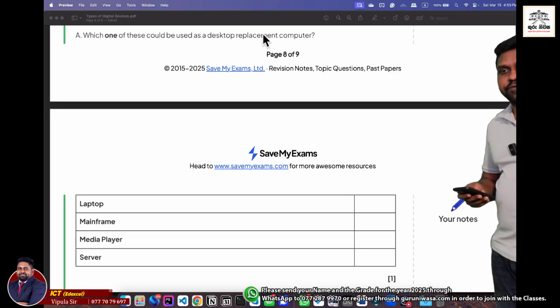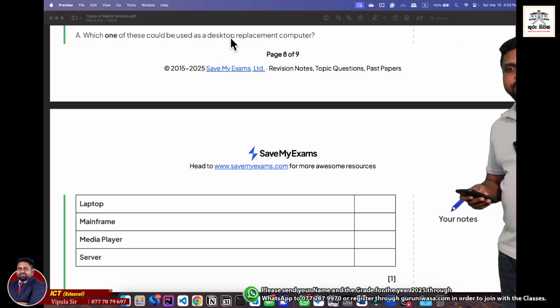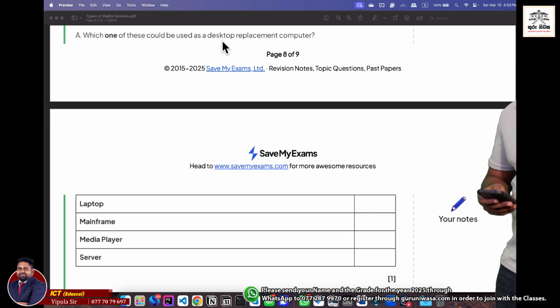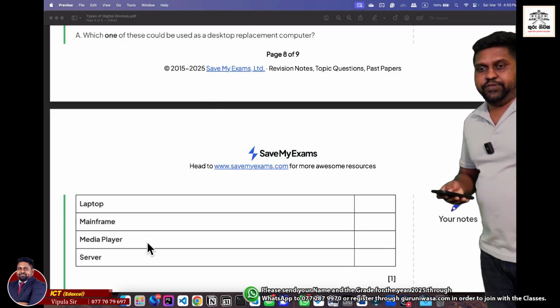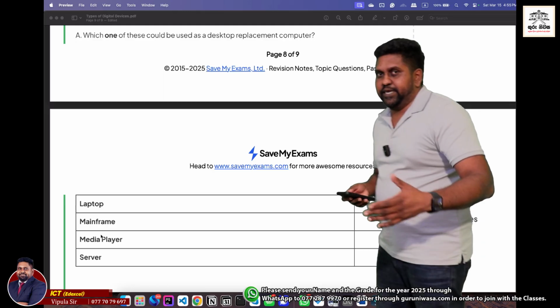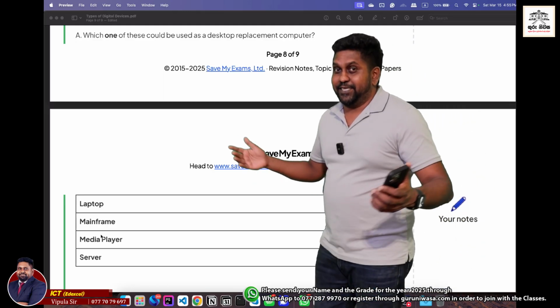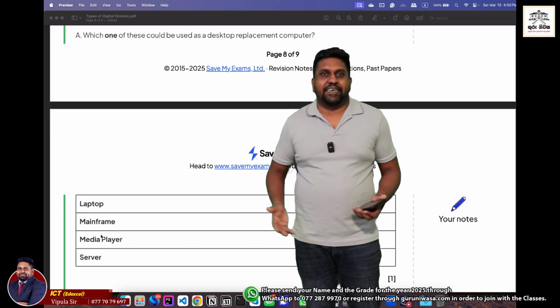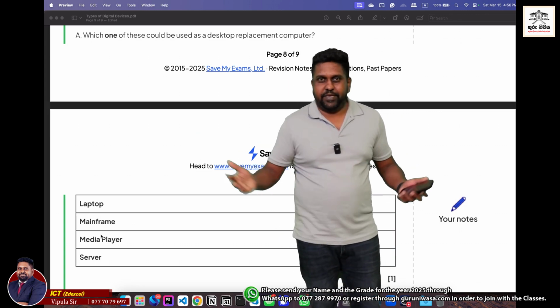The keyword here is replacing the desktop. So if you want to replace the desktop, you do not need a mainframe. As we went through before, a mainframe is a computer which can perform massive loads and a massive lot of activities. So obviously mainframe is out.